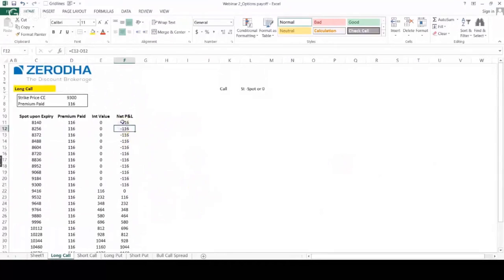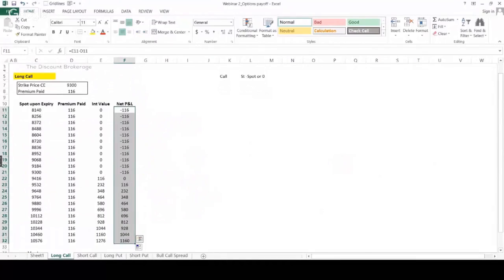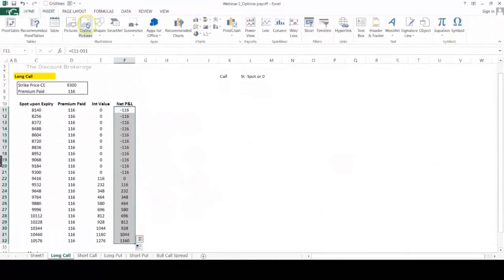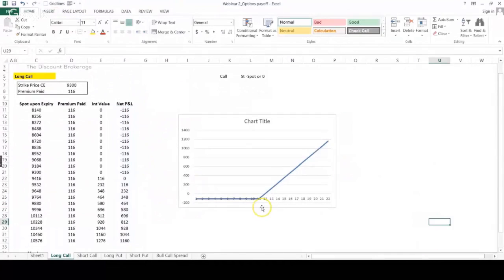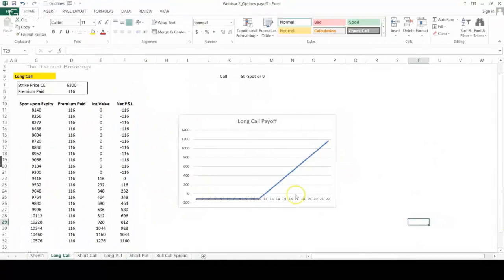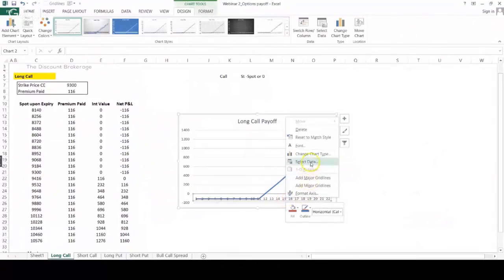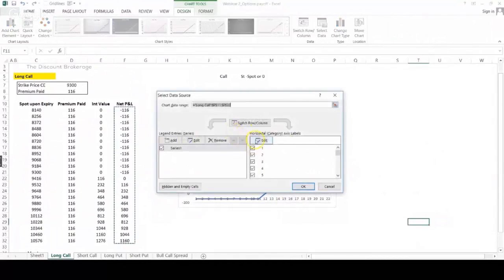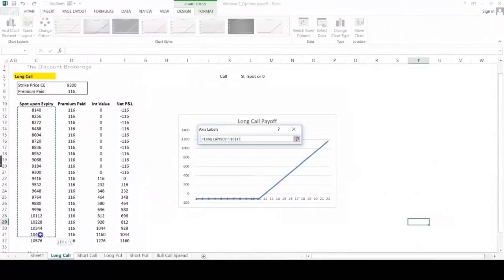So I can develop a chart of this: select all the values, insert a graph. There you go. So this is the payoff of a long call position. As simple as that. Let me change the axis so that it's easier for you to relate.